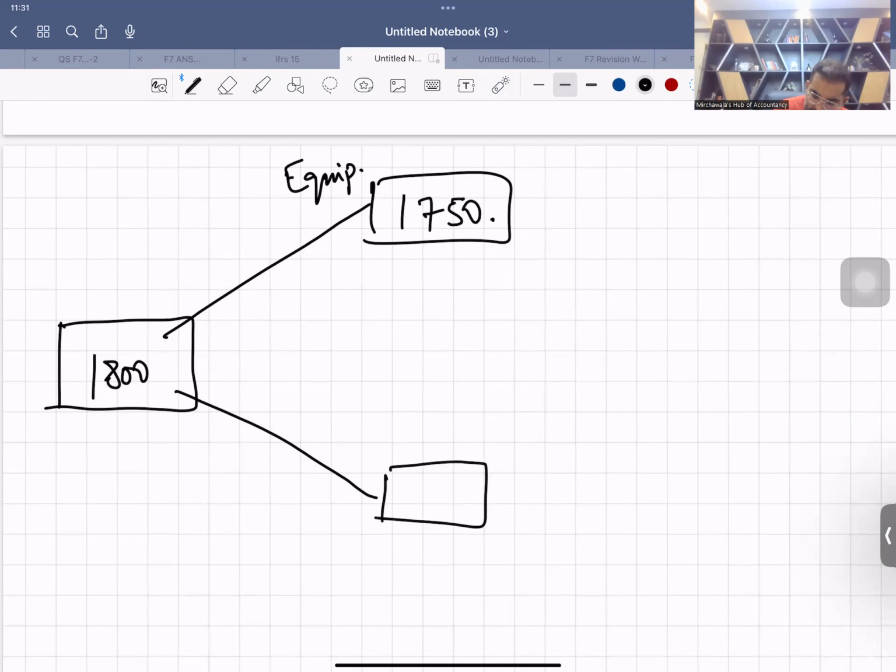And for 3-year service, the standalone price is 165. So you will add these two standalone prices: 1750 plus 165.